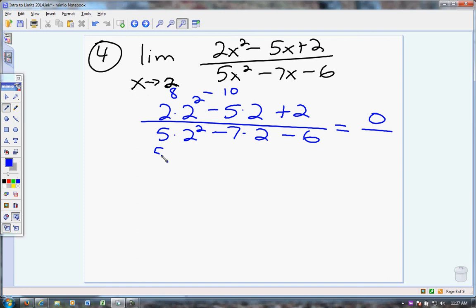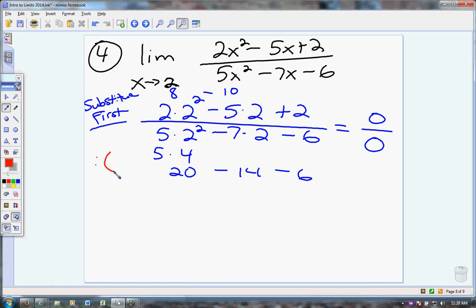I'm going to have 5 times 4, which is 20. 20 minus 14 minus 6 is a 0 in the denominator, which is a problem. So guess what? Substitution at the beginning won't work here. So we tried to substitute first, and we got a frowny face.